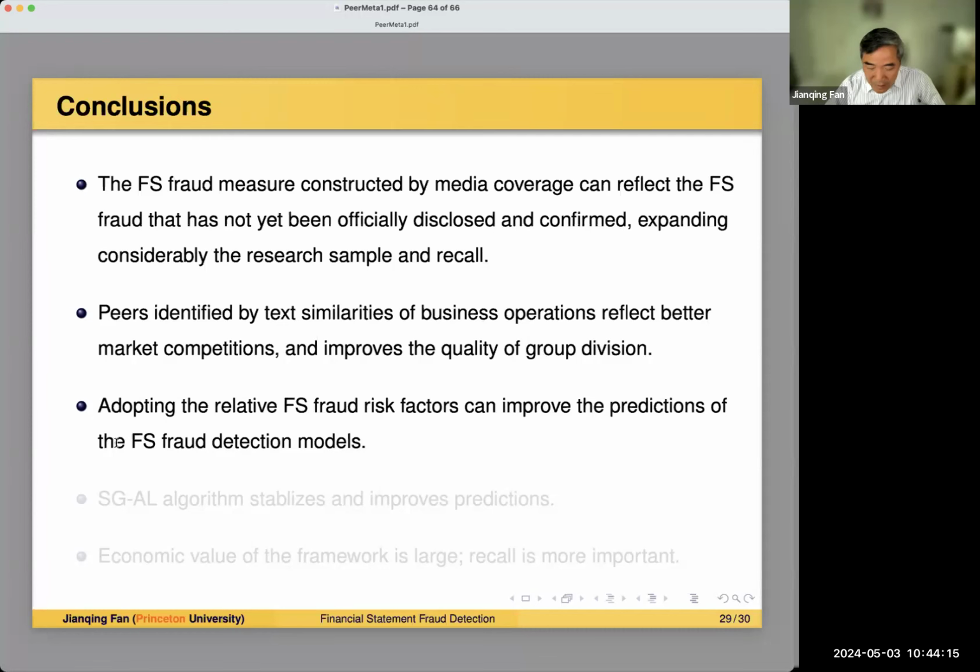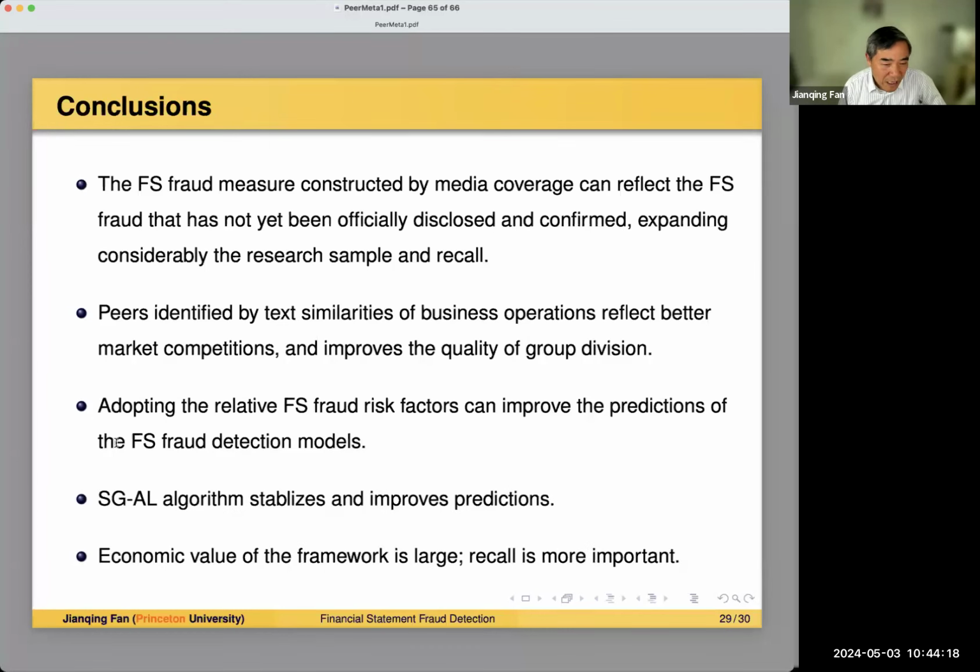The meta-learning algorithm also helps improve the prediction. We show that the economic value of the framework is large, and recall is more important in terms of economic value, because I have fewer missed discoveries at the expense of more auditing fees. So recall has a bigger economic value.